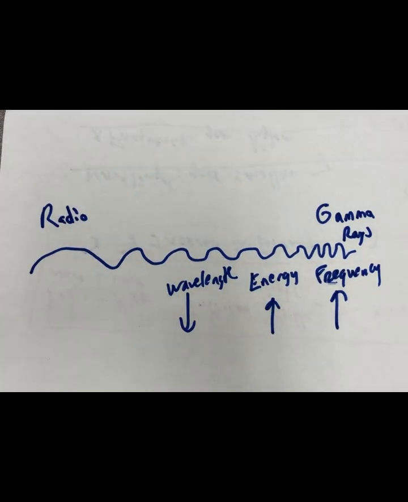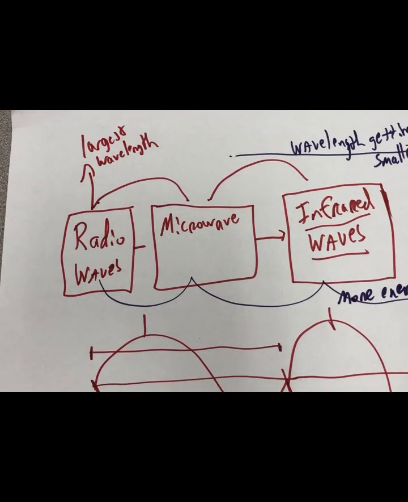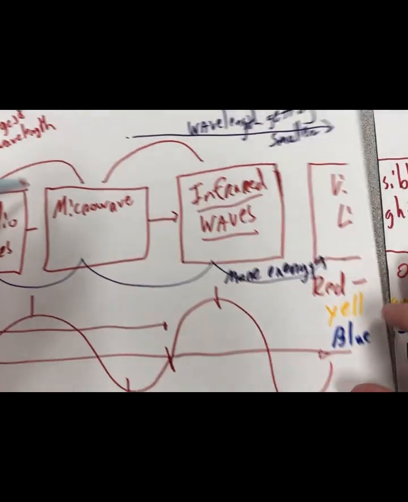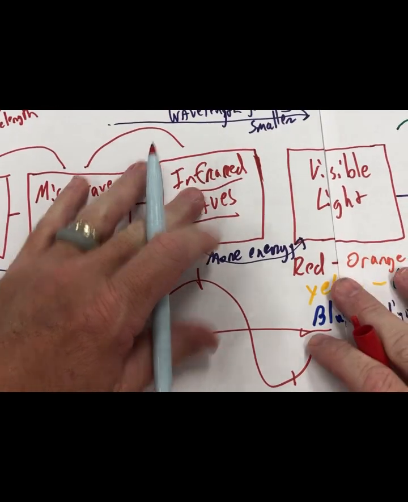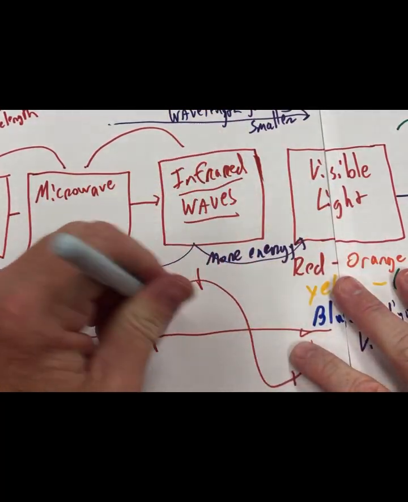Now, there's a lot of other things we could talk about as it relates to the different waves in the electromagnetic spectrum. We could talk about some waves have the ability to penetrate Earth's atmosphere. That would be specifically visible light. Change colors here on y'all, sorry.